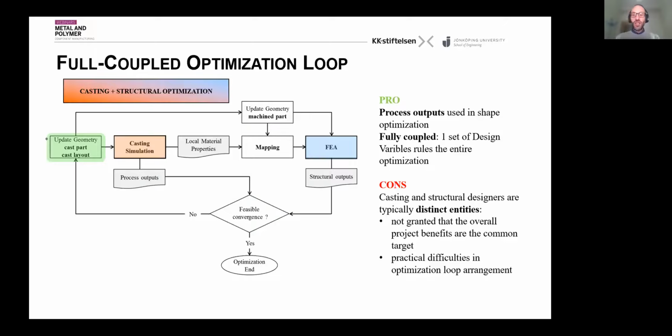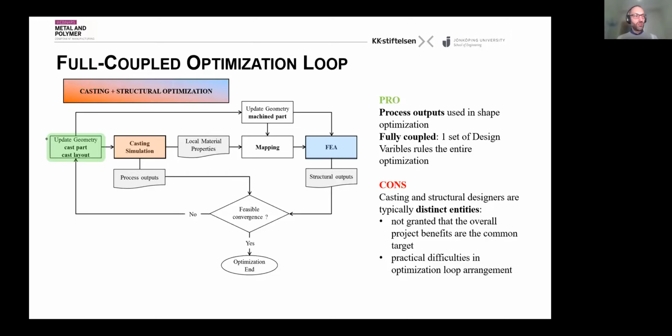Of course, there are pros and cons to this method. First of all, the variables that rule the entire optimization are both the ones of the foundry and the ones of the structural optimization.